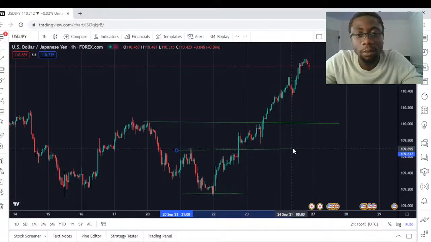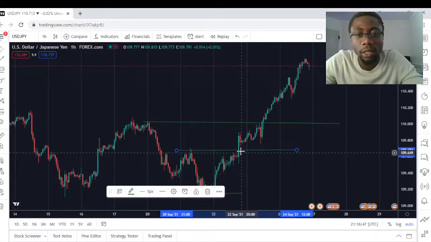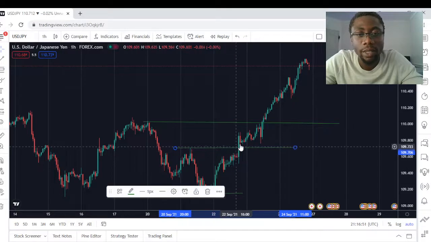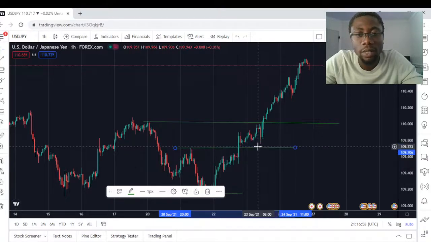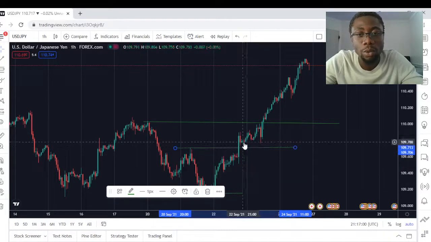But at any rate, it still hasn't been broken. We can't expect the market to be perfect. In real life examples, we have this, and it came within 2 pips of actually this level, and this one actually seems like it broke through and maybe touched it. And this is what we're going to really be paying attention to.